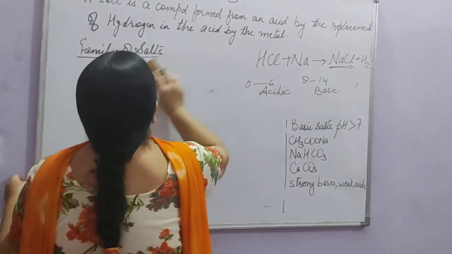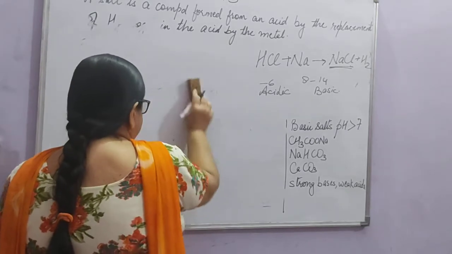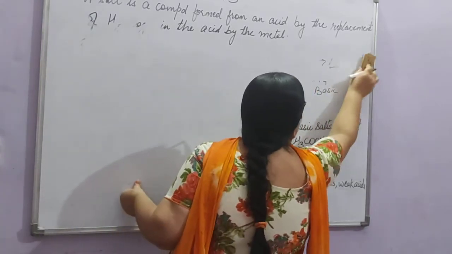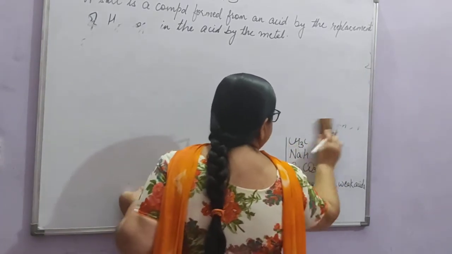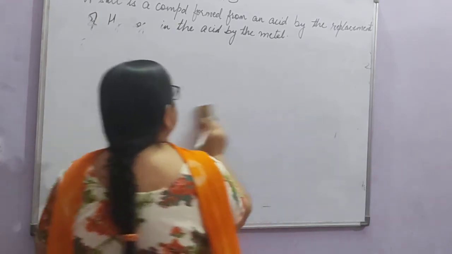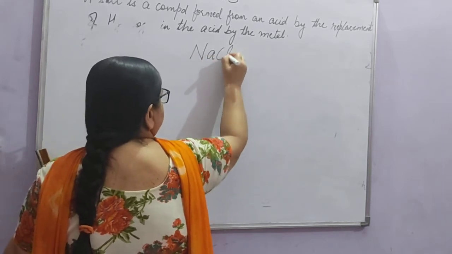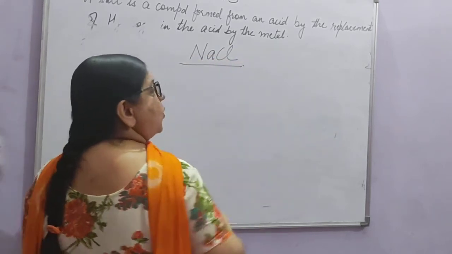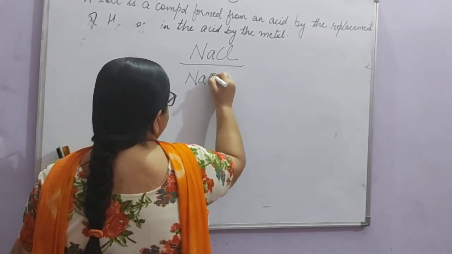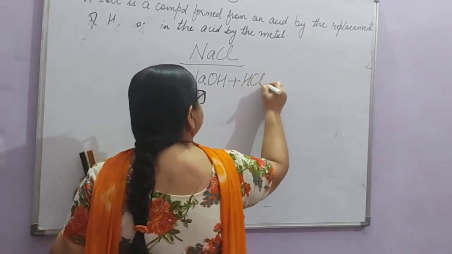Now we are going to study about the salts, that is the different types of salts. Now the most common one is NaCl, that is sodium chloride, which is formed by the combination of NaOH plus HCl.